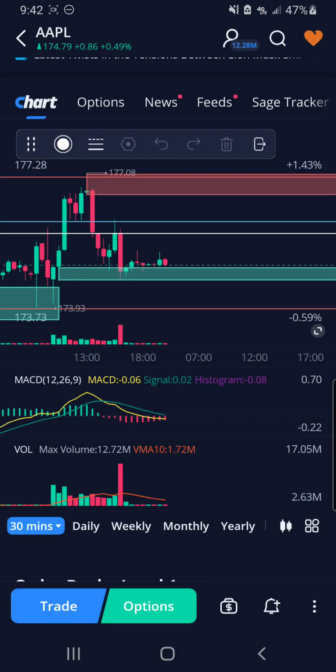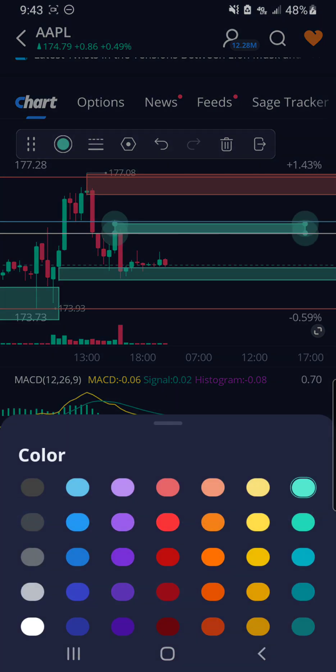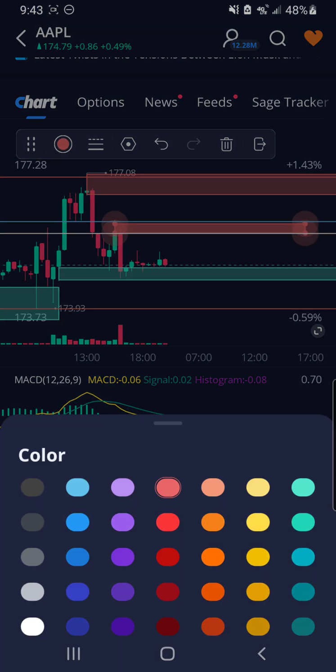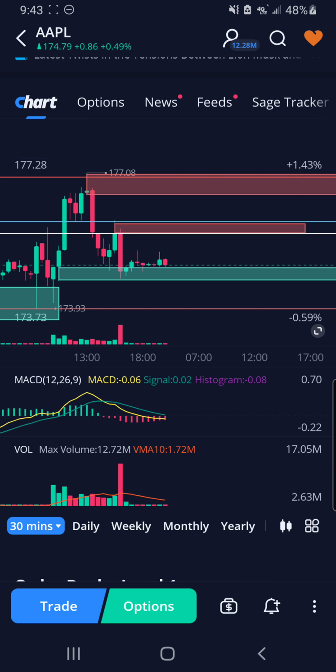This could be your new swing high. And again, for argument's sake, we're going to make that red. So potentially this could be garbage now, or you could keep it there if you wanted to.